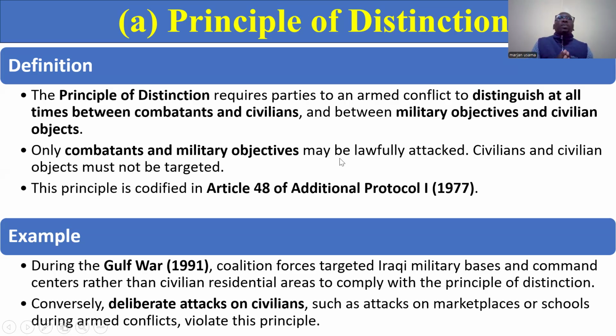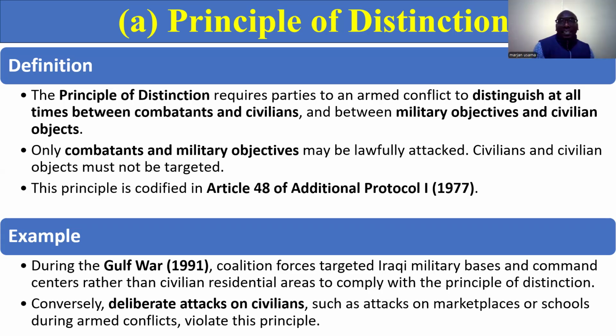So during war, we have to know that these are civilians, these are normal citizens, and these are the army, the military. Now, these are the houses of civilians, and these are, for example, the assets and houses of the military. So you target the military, you target the armed forces, you target their barracks where they stay.